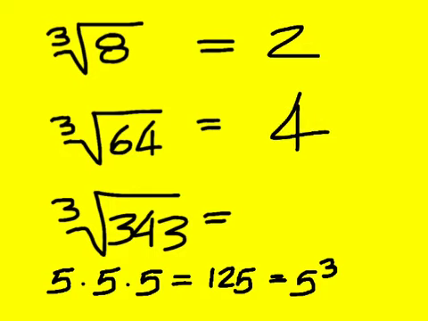And what number would I cube to get 343? 7 would be the answer. These don't change. These stay the same. So you should write down 2 cubed is 8, 4 cubed is 64, 7 cubed is 343, or at least remember them for future use.